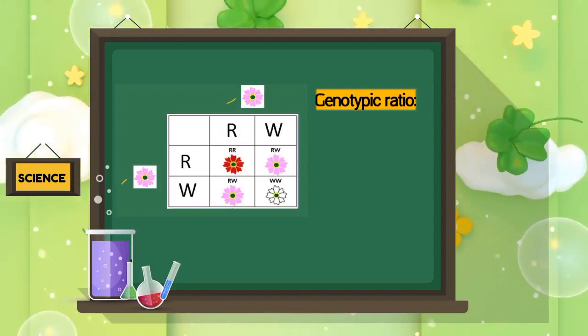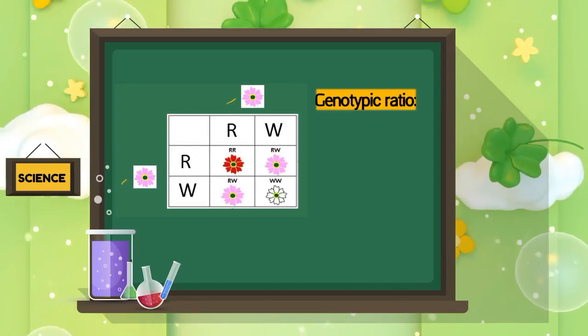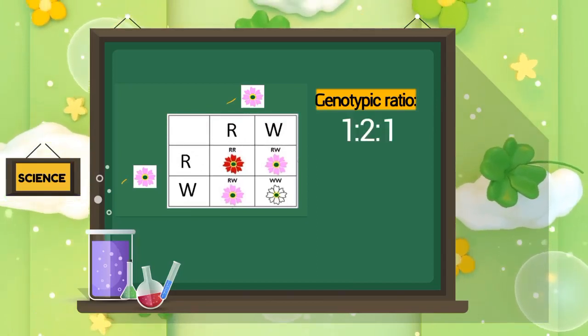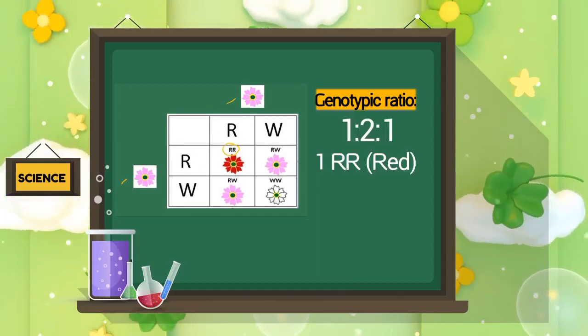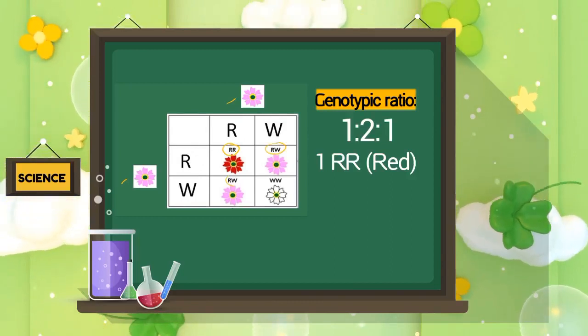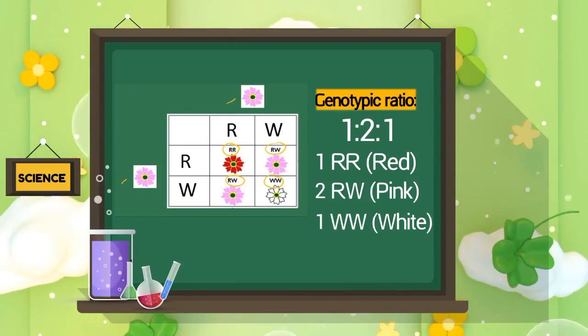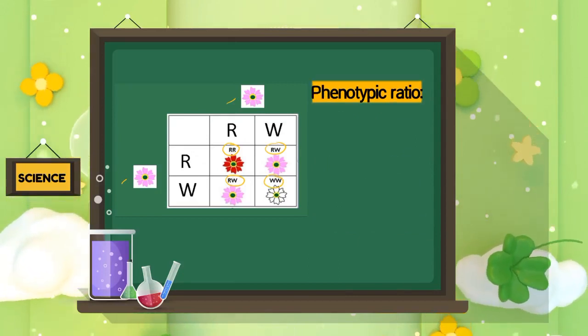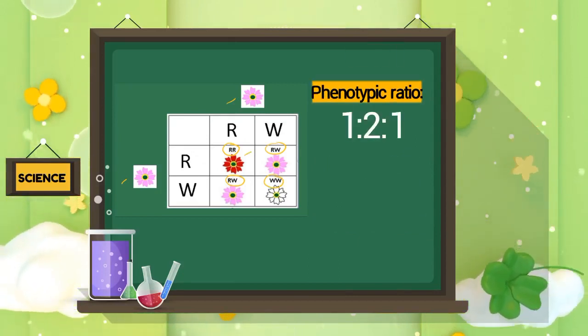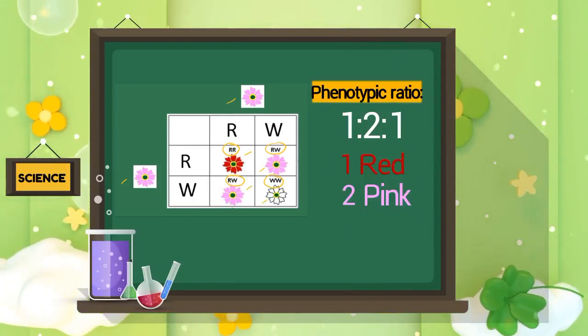So, in this case, the genotypic ratio would be 1:2:1 or 1 homozygous red, 2 heterozygous pink, and 1 homozygous white. And the phenotypic ratio would also be 1:2:1 for red, pink, and white.